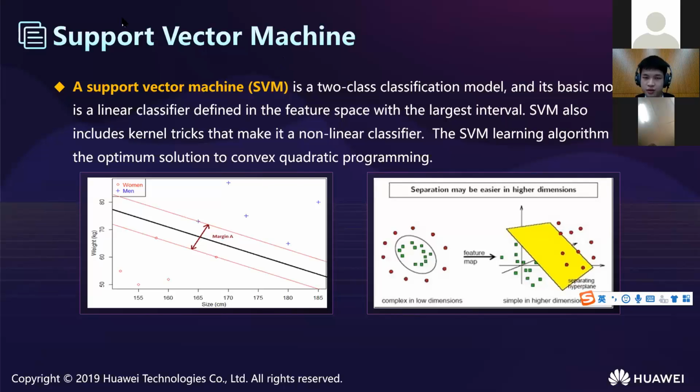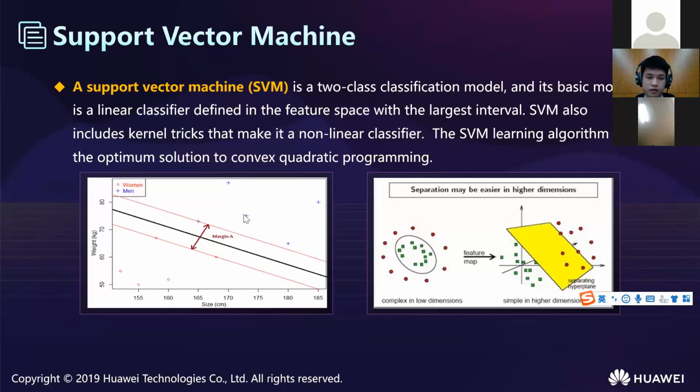So it can do multi-classification, but it classifies one by one. Okay, and there's an example here.